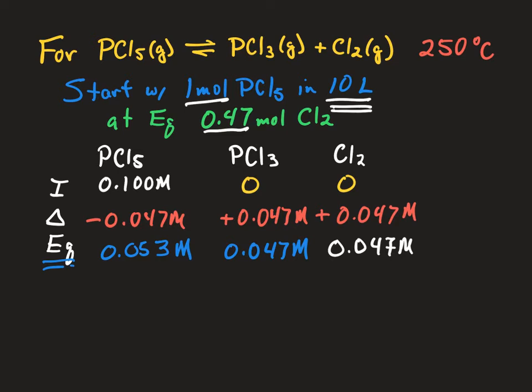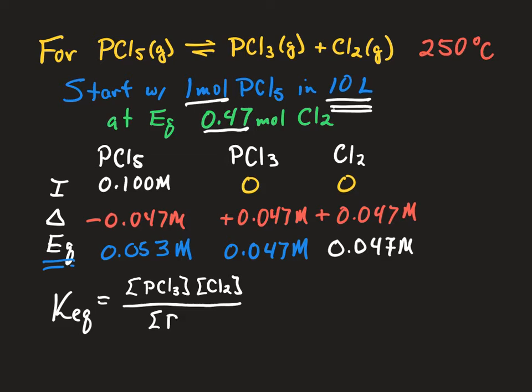Now it wants us to figure out the equilibrium constant. The equilibrium constant expression is the concentrations of products, so phosphorus trichloride times chlorine. The coefficients here are 1, so there's an implied 1 as the exponent, divided by the reactants, phosphorus pentachloride.